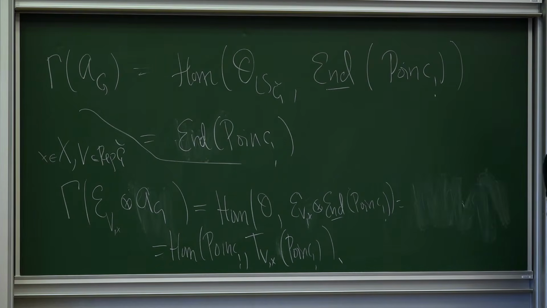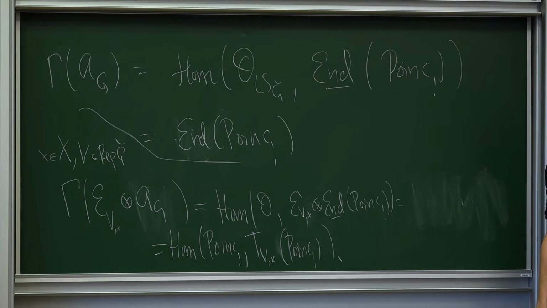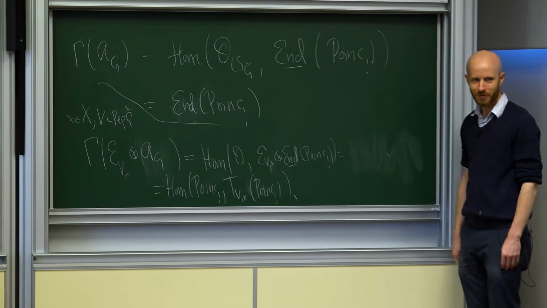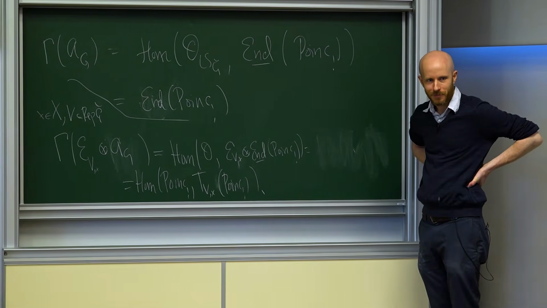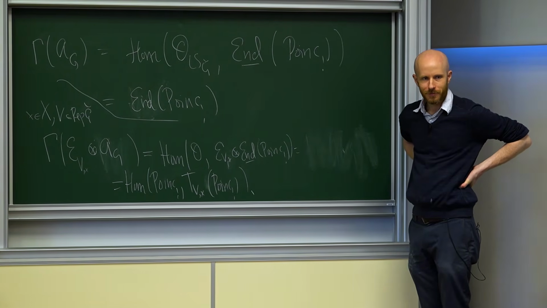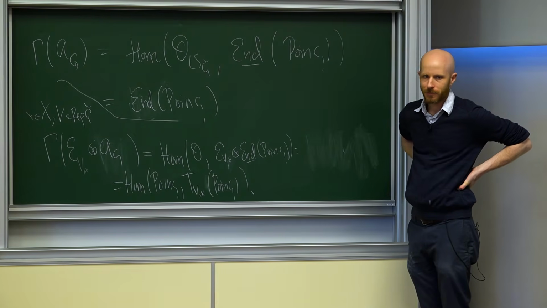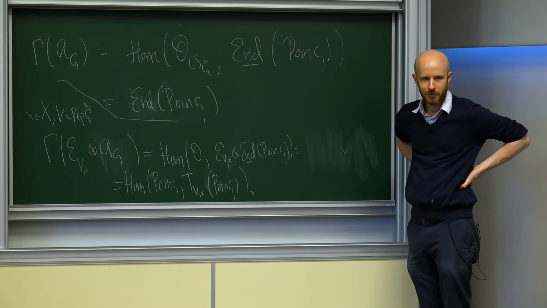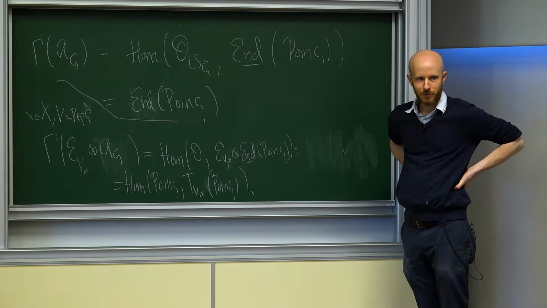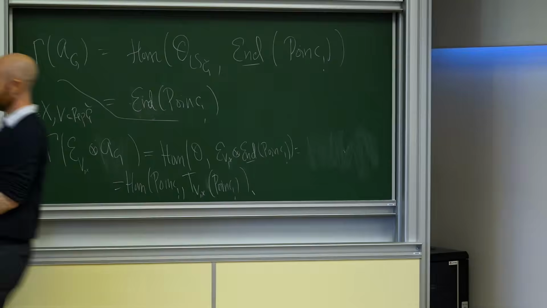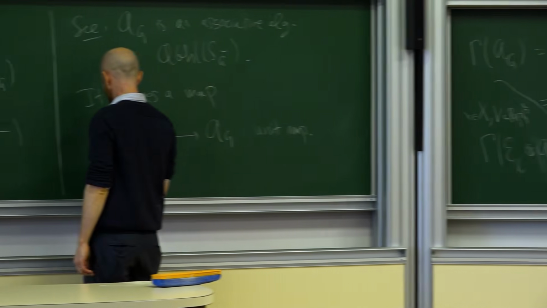Sorry, Sam, I'm a bit confused. So this O_Loc_G is supposed to be the structure sheaf, right? Yeah. Okay, so this unit map should be pretty close to an isomorphism. Yeah.